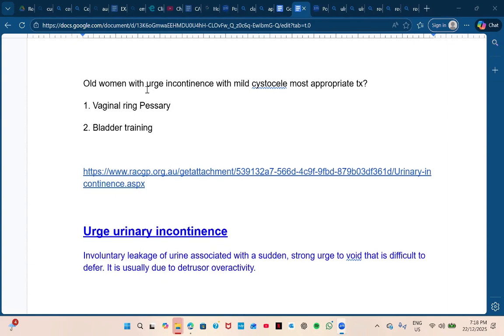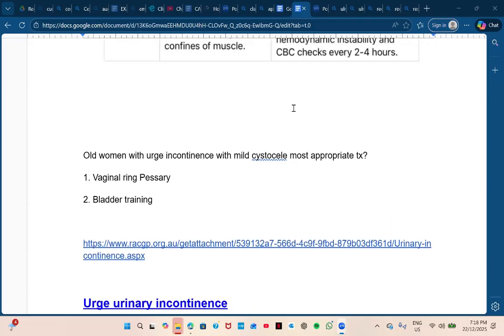All women with urge incontinence with mild systole, what is the most appropriate treatment? What do you think about this question? Okay. So you all can see how the questions are getting trickier and a bit harder, right? In day one, day two, and this day three question.